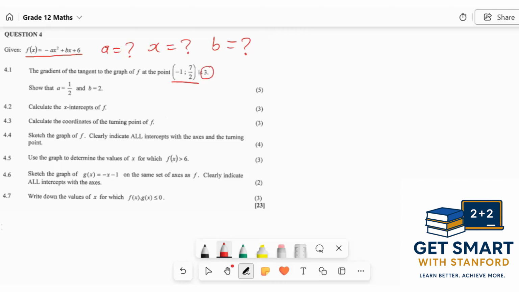So now we need to show that a equals half and b equals minus 2. In other words, prove that a equals half and b equals minus 2. How are we going to do this? Because we've got a lot of unknowns.